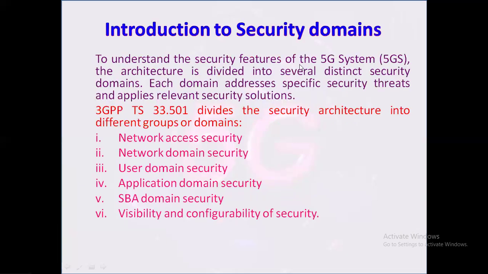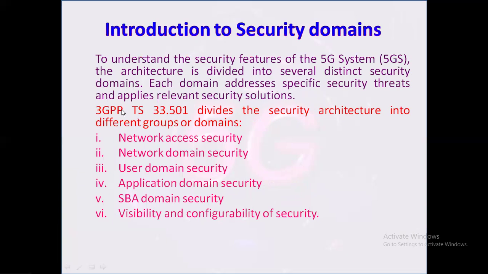So, if you are looking at the security domains in the 5G system, the architecture is divided into several distinct security domains. Each domain addresses specific security threats and applies relevant security solutions.